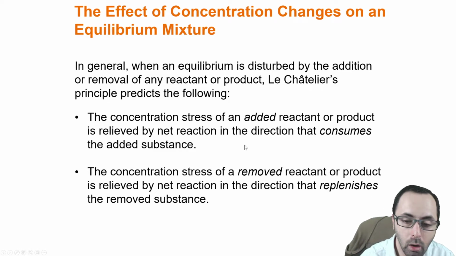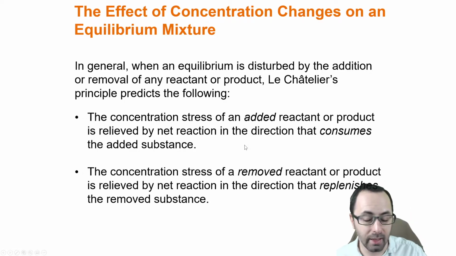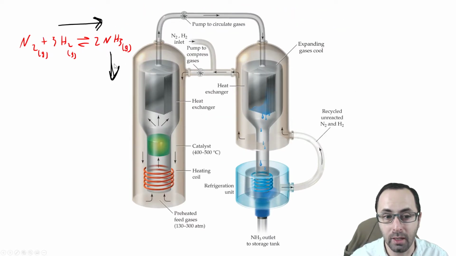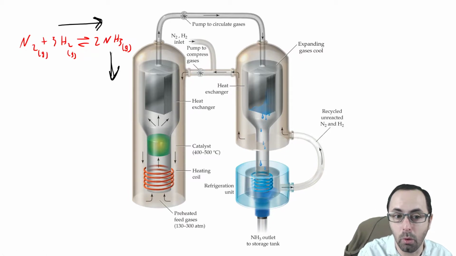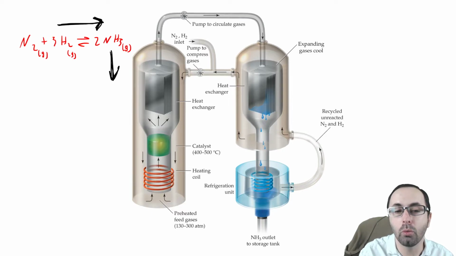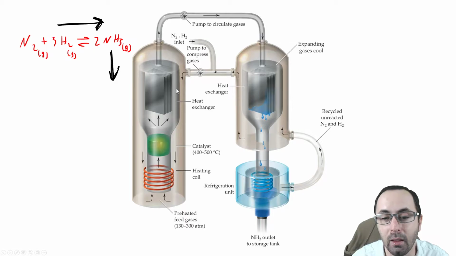And alternatively, if you remove something, the reaction is going to move in the direction that will replace what you removed. So going back to our example, it's the ammonia that's being removed. And so the reaction will have to go forward to replace that ammonia and return to equilibrium. That's why this technique is so effective.